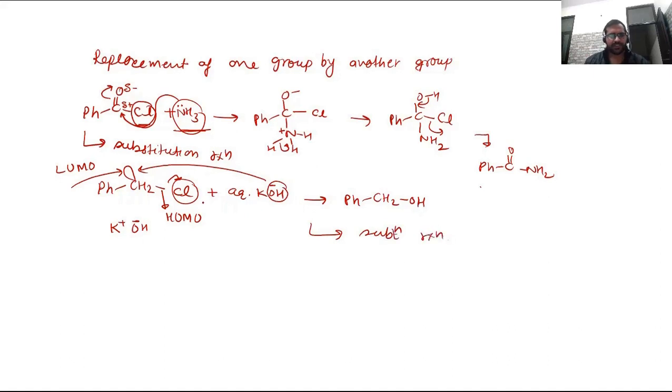Now there are two possibilities for the attack of a nucleophile on an electrophile, and these two possibilities are called the SN1 mechanism and the SN2 mechanism. So what is the SN1 mechanism?